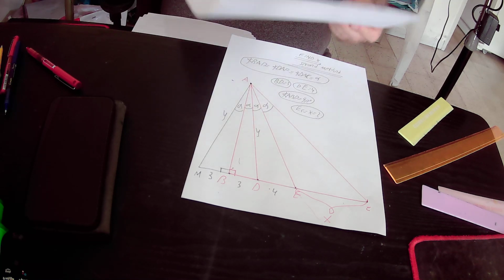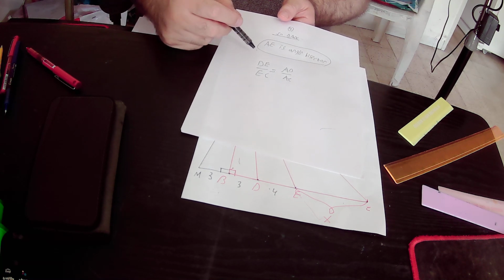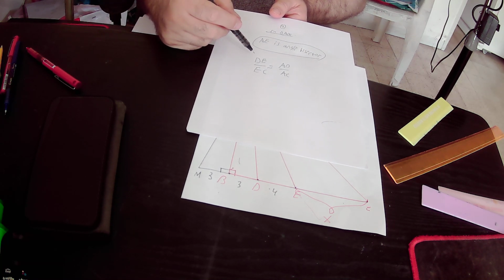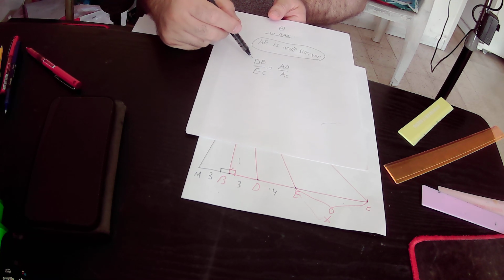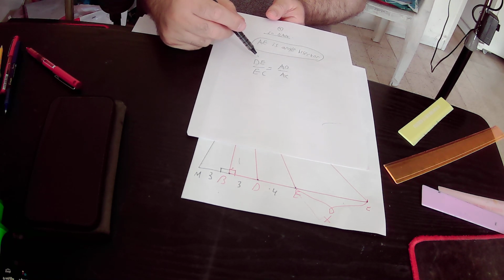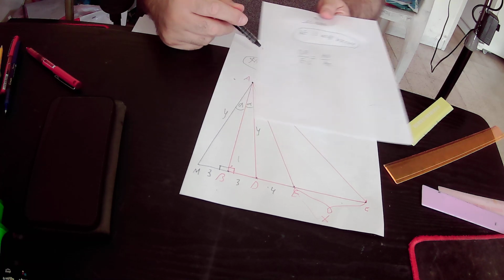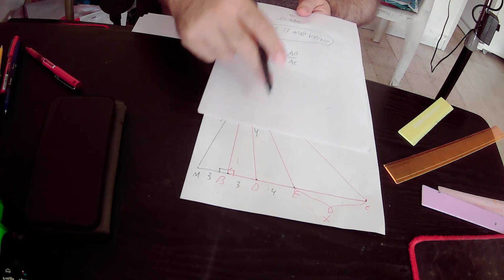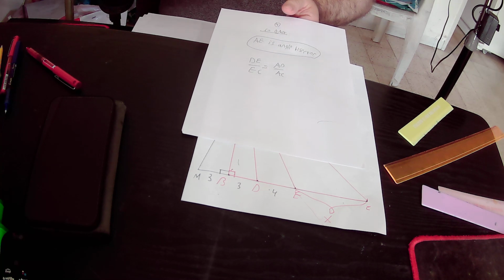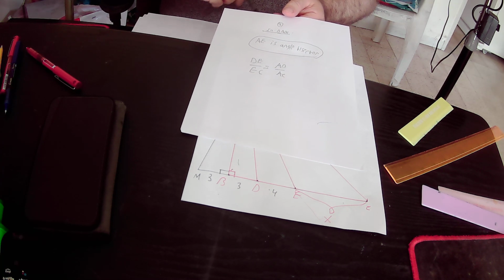Again, according to the angle bisector theorem, the ratio in which AE divides DC is DE over EC, and that ratio equals AD over AC. Okay?